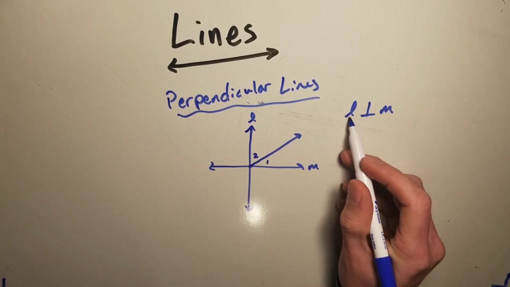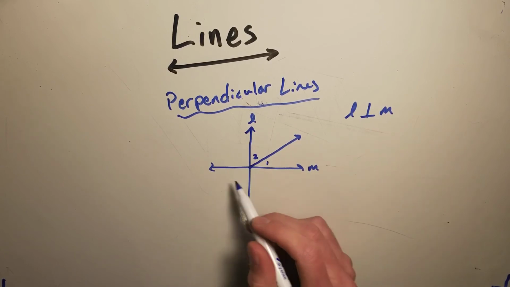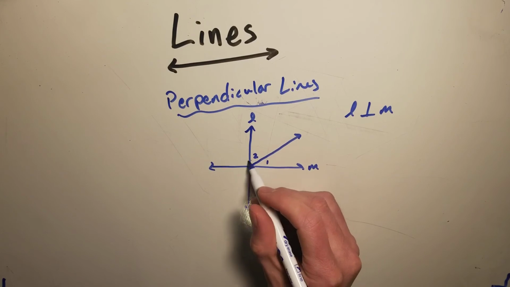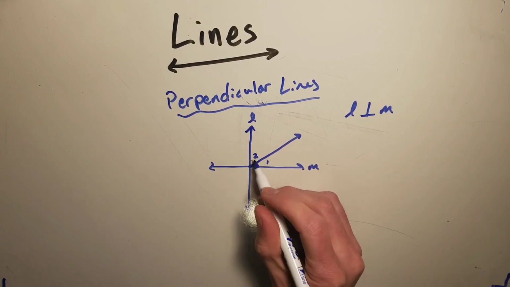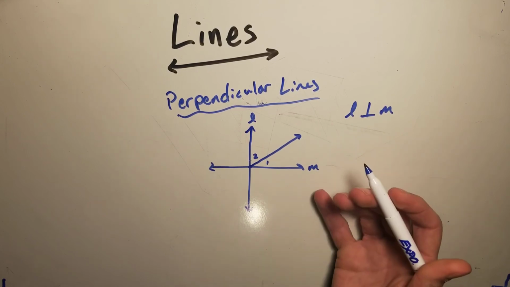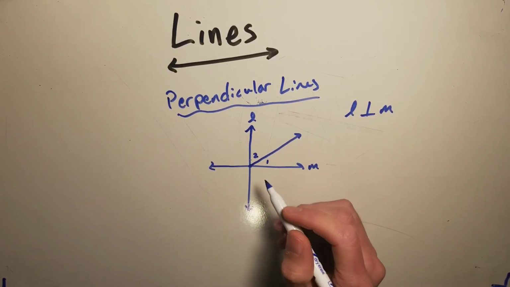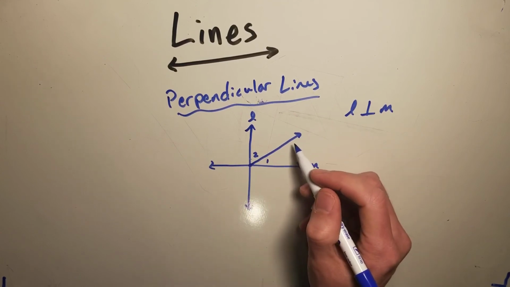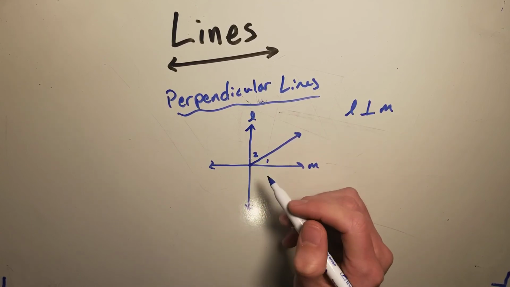Since line L is perpendicular with line M, we know that this angle here is going to be 90, so we also know that angle 1 and 2 are complementary, because complementary means they add up to 90. So with perpendicular lines, if you have rays coming out as well, you're going to end up having complementary angles.